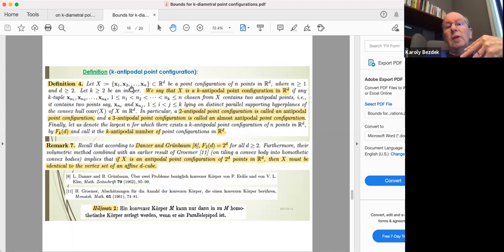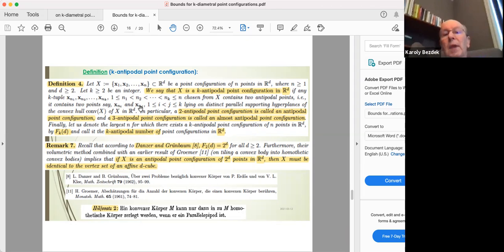As follows, we say that a point configuration of n points is k-antipodal if among any k-tuple we are always able to find 2 points that lie on distinct parallel supporting hyperplanes of the given point configuration.